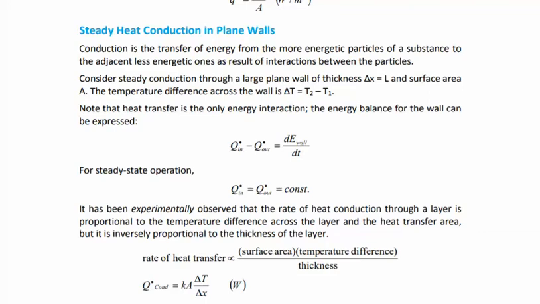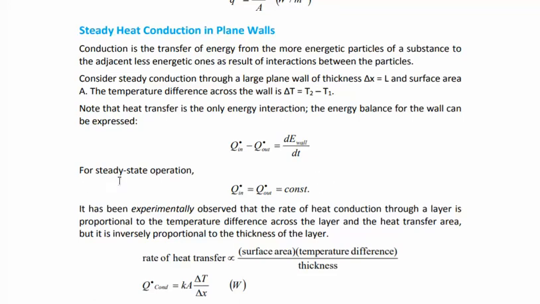The energy balance for the wall can be expressed as heat inward minus heat outward equals the change of energy of the wall per unit time.